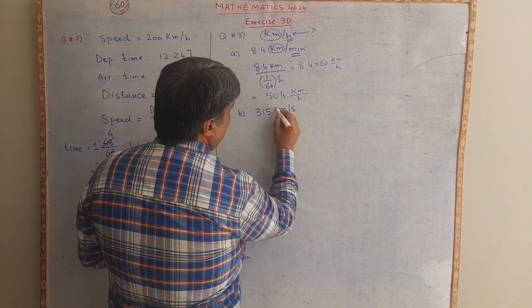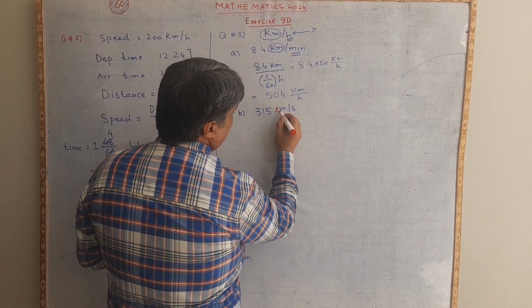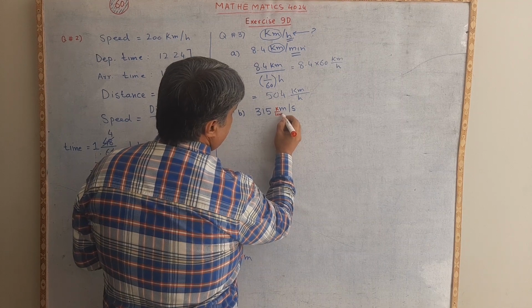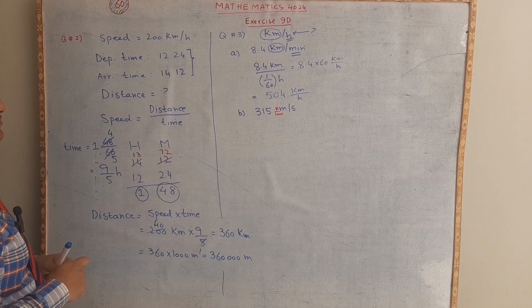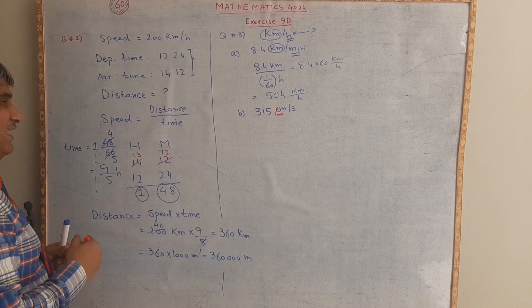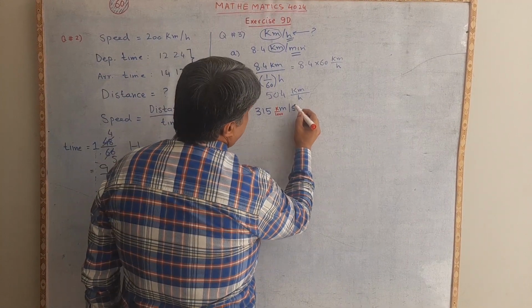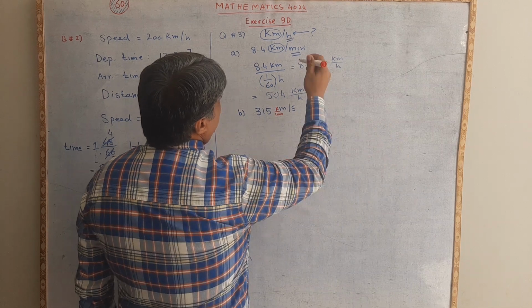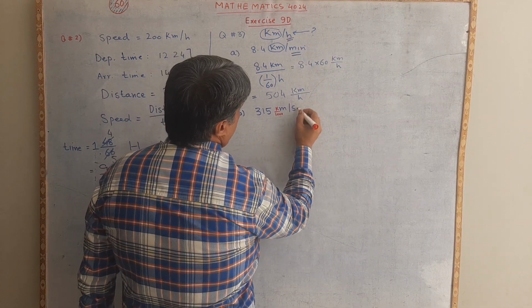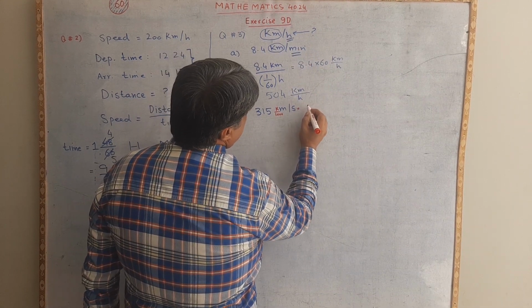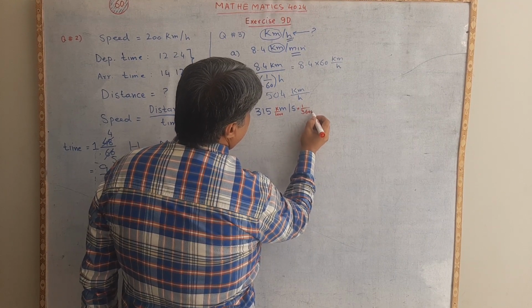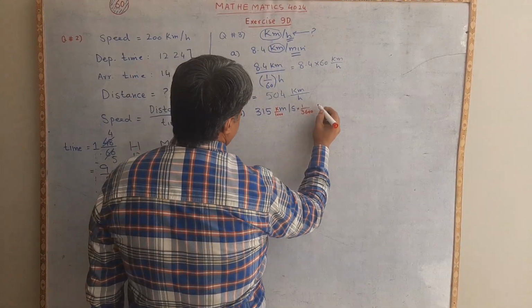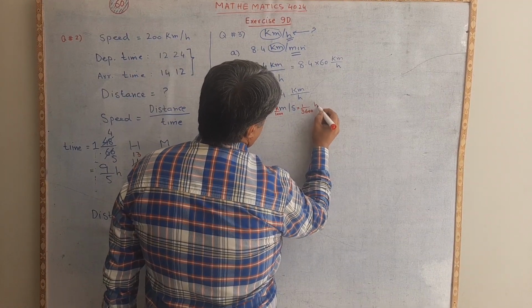So if we are introducing kilo, then we have to divide it by 1000 as well. And second, 1 second, we have to convert it to hour, so it means that 1 divided by 3600 will be the hour.